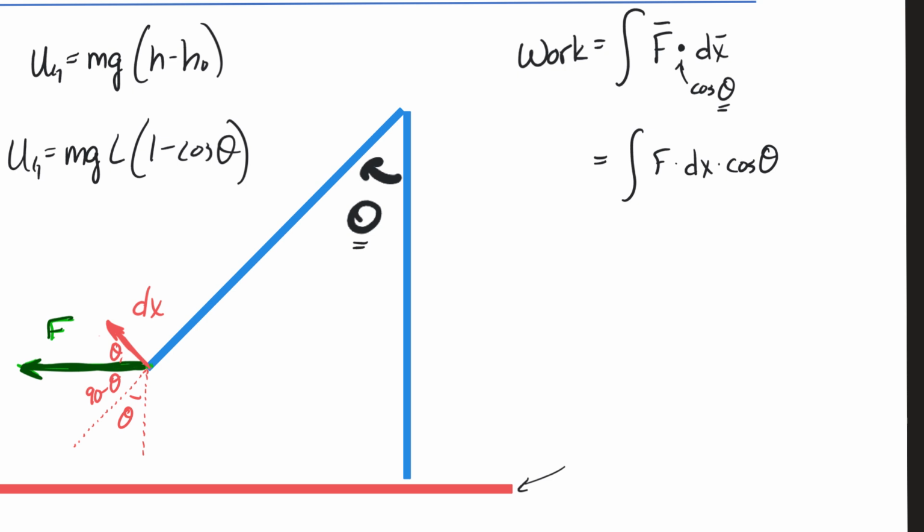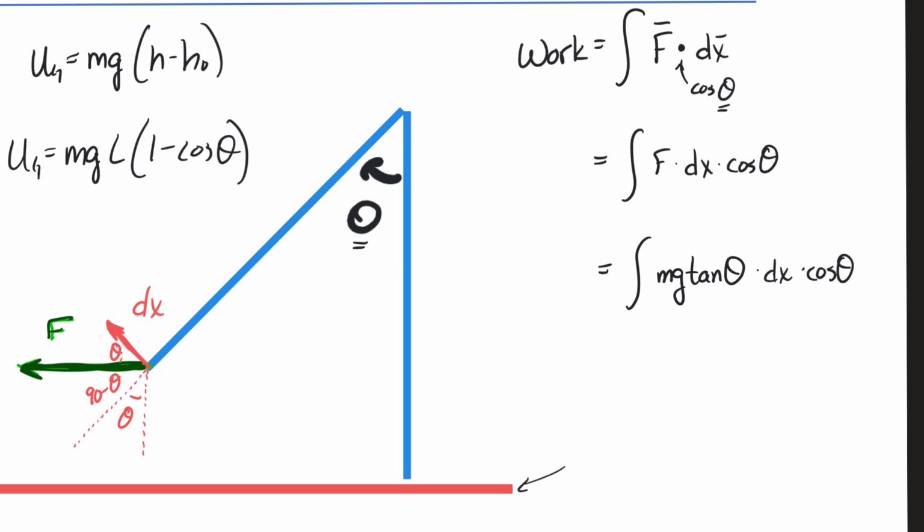Theta is the angle between the force and the displacement, which is the angle of the string. We just found an expression for that force, though. The expression for that force, if I recall, was mg tan theta. All good? Any questions about this?